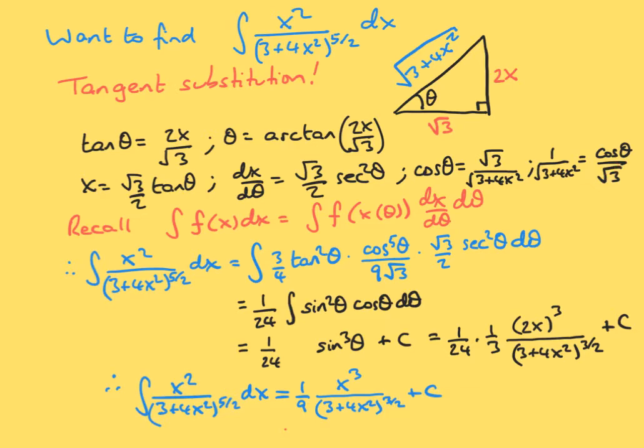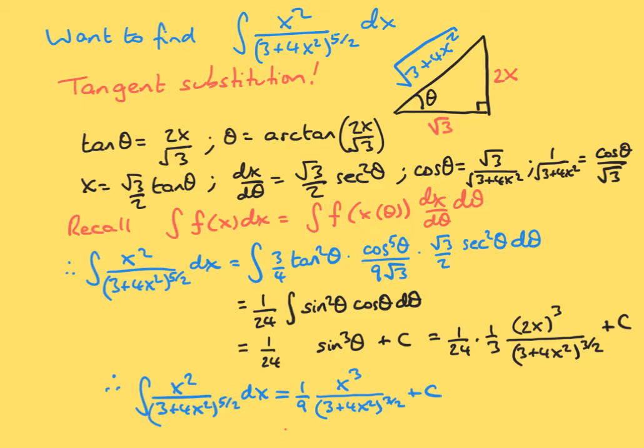So therefore, this to the power of 5 is going to be cosine of theta to the power of 5 divided by root 3 to the power of 5. So that's root 3 to the 4th times root 3. And root 3 to the 4th is 3 squared, it's 9.